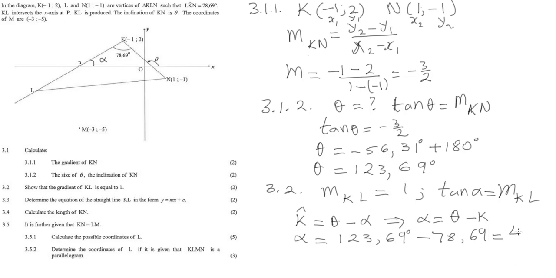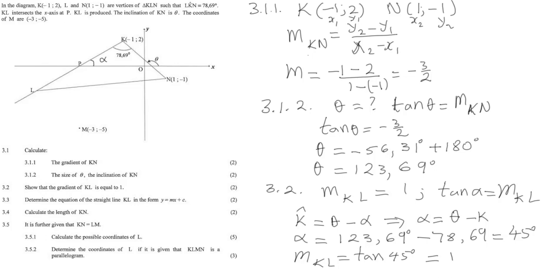This will give you 45 degrees. So the gradient MKL will be equal to tangent of 45 degrees, which is equal to 1.